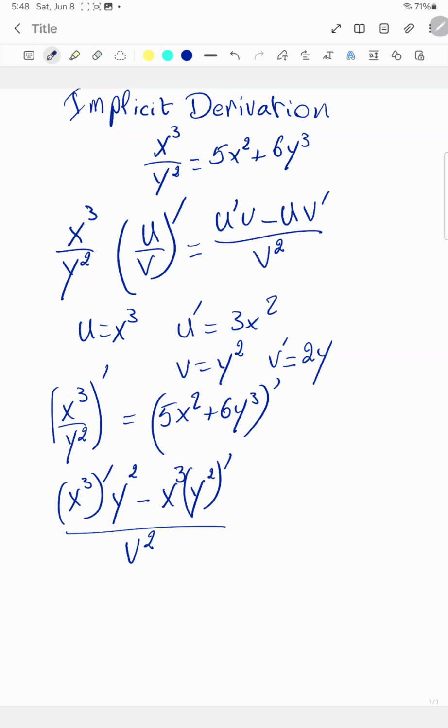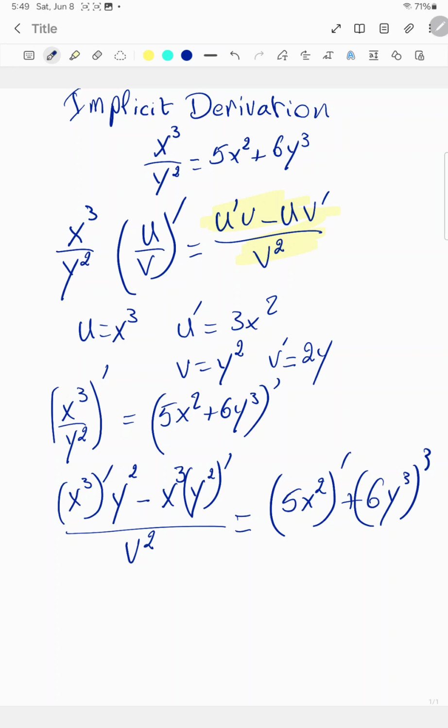And this is the formula that I used: u prime v minus u v prime divided by v squared is equal to, now, the derivative of 5x to the power of 2 plus 6y to the power of 3, again the derivative.